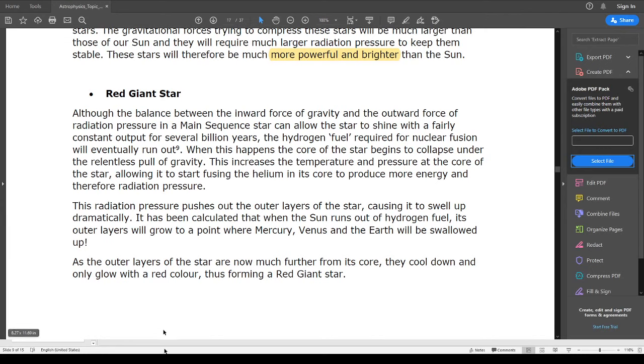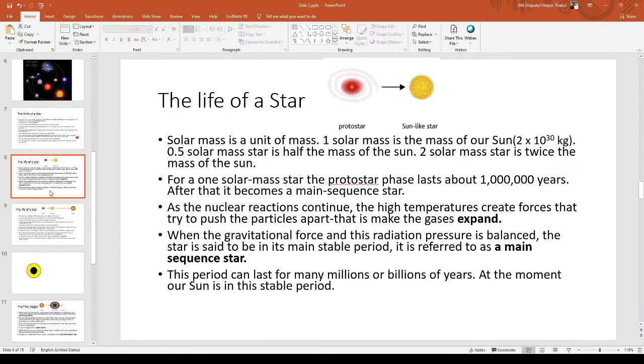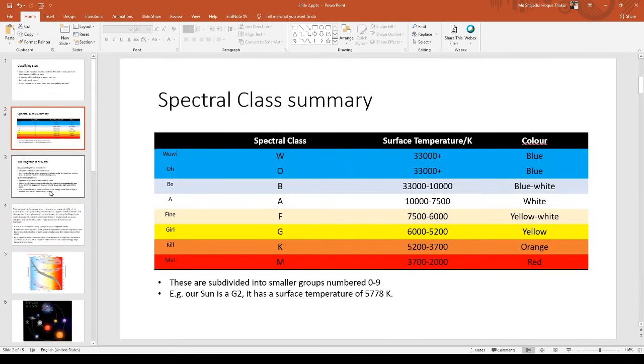If you can recall this chart that we studied in the last class, yellow is about 6000 to 5000 Kelvin surface temperature. So now that the star has swollen up, it will cool down and become red, a very low temperature star, a very cold star.